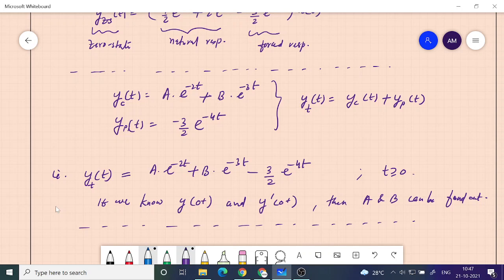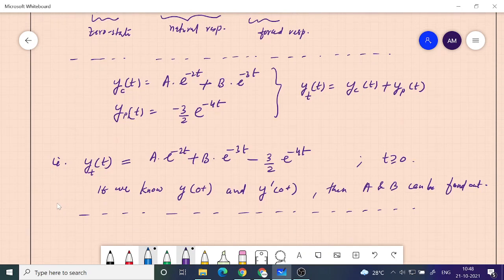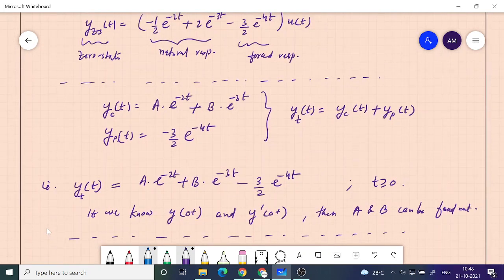In that case it is a different special case, but otherwise, if the input applied at time t equal to 0 is a finite value, then capacitor voltage and inductor current cannot change abruptly. From that you can figure out y of 0 plus and y dash of 0 plus given y of 0 minus and y dash of 0 minus. So that is the other approach.